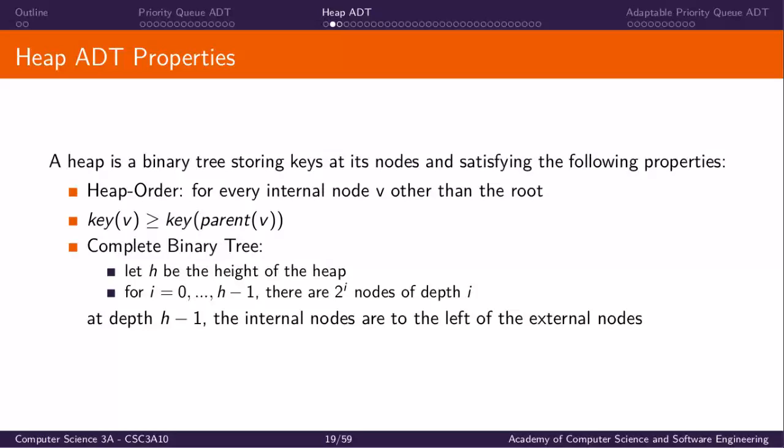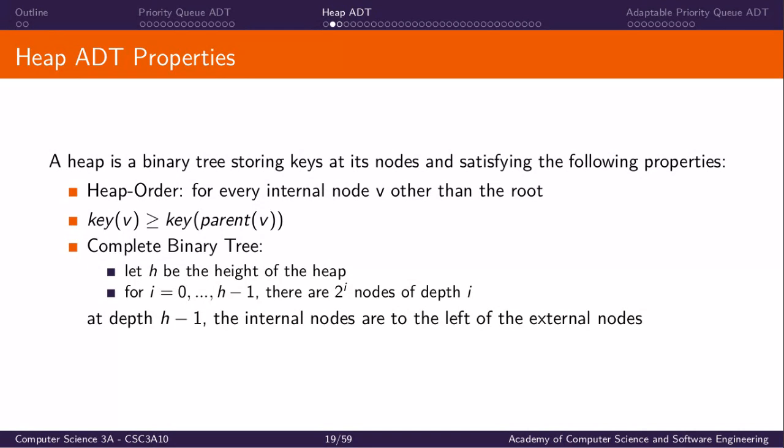All right. So what is a heap? Well, a heap is a binary tree. We are comfortable with that. It stores keys at its nodes, and it satisfies the following properties. Heap order, which says that for every internal node other than the root, the key of the current node will be larger than the key of its parent.